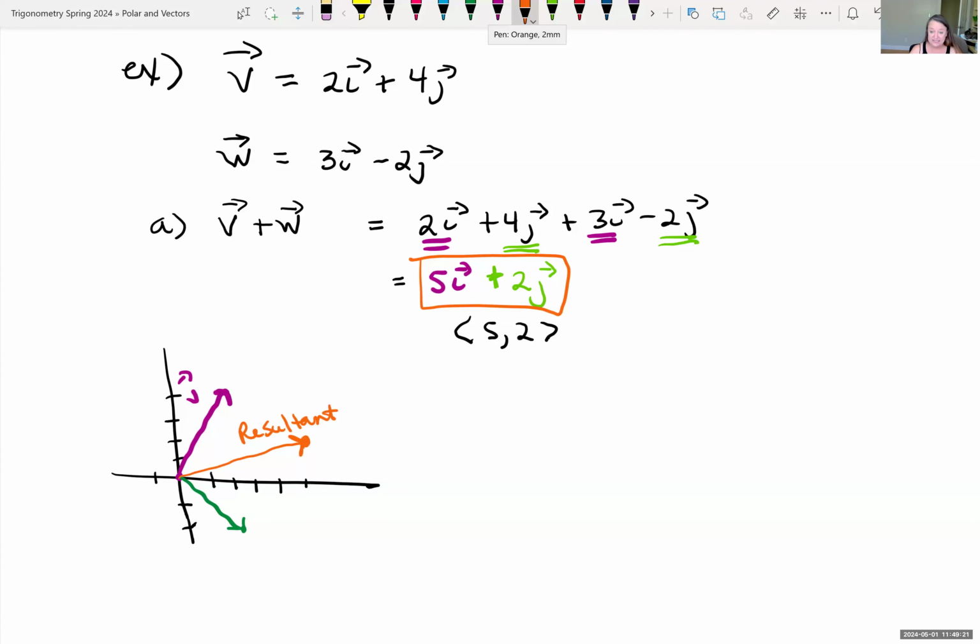Now let's see that we get the same thing if we had done this geometrically. Let me just move this over. We have this plus this. That gives me the resultant of this.